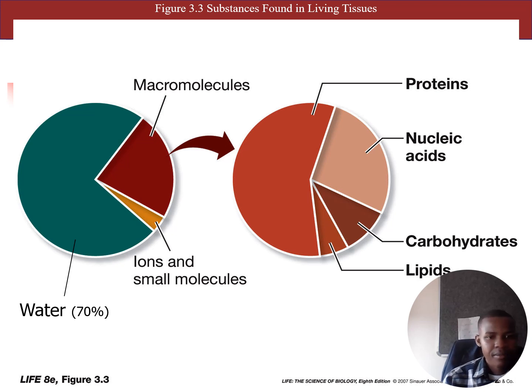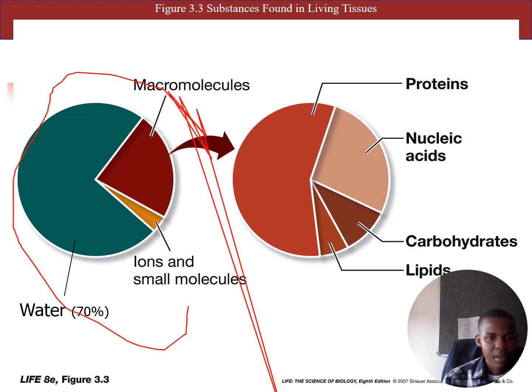As you can see, this is a representation of the human body. Inside the human body, water takes up 70%. The macromolecules take up this percentage, and the ions and molecules take up this percentage. From these macromolecules, which we are studying, we can see that proteins take up the larger portion.